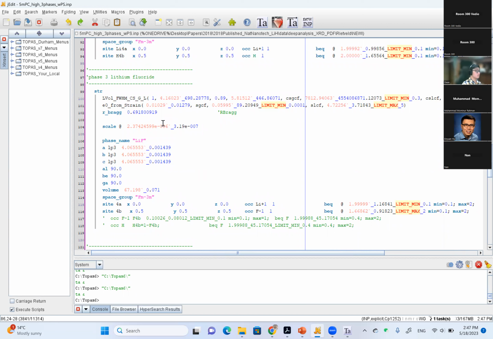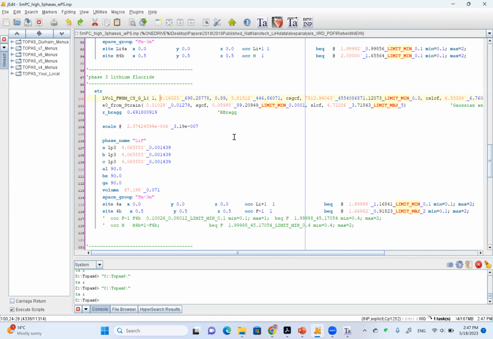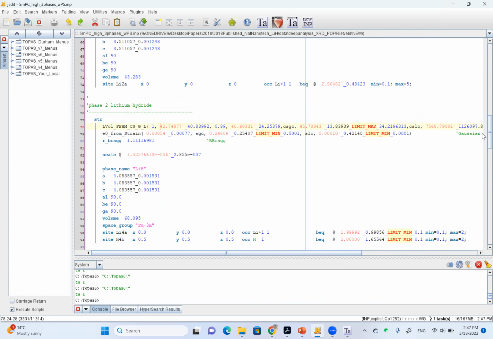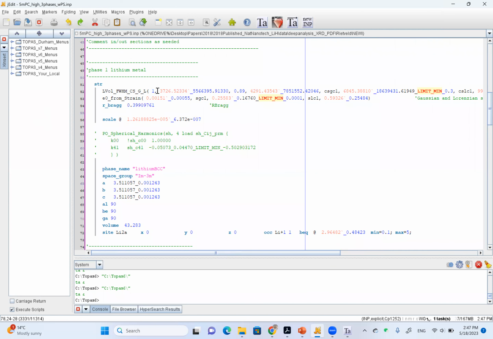But there's one thing I want to pay attention to, which is this number. This is only around 4 something, right? If you check this number for lithium hydride, it is 42, and for lithium metal, it is over 3,000.